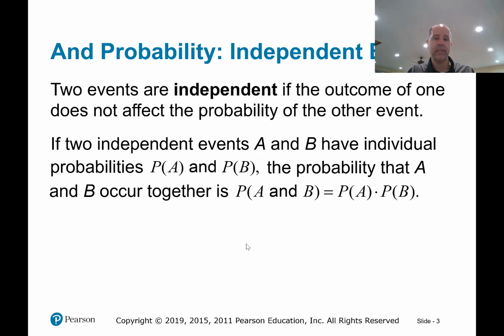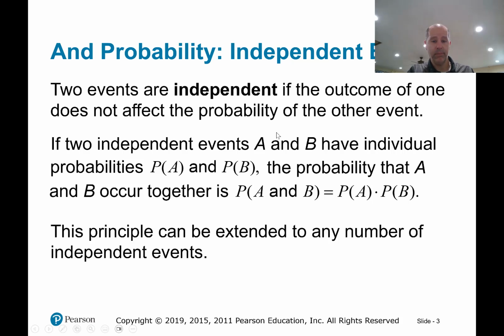That is what we call the simplified multiplication rule. But we can only use it if the events are independent, and this can be applied to more than two events.